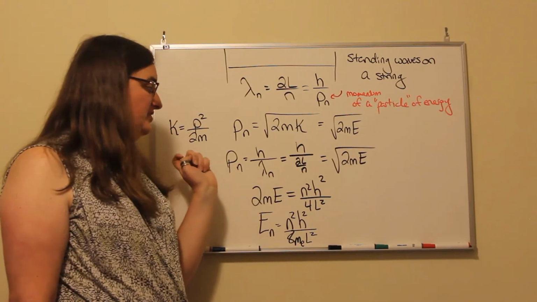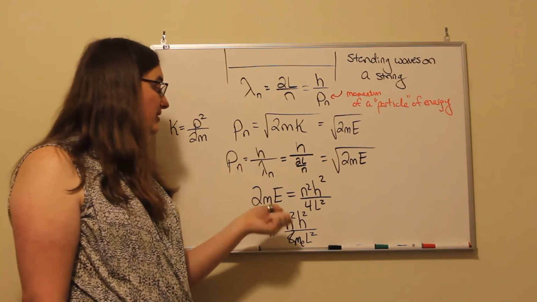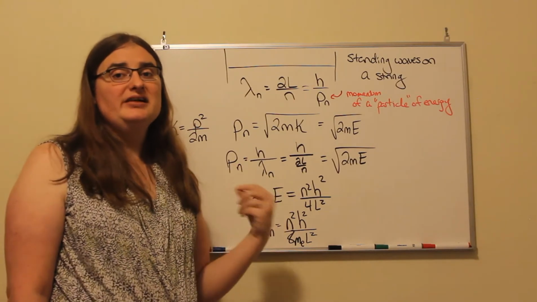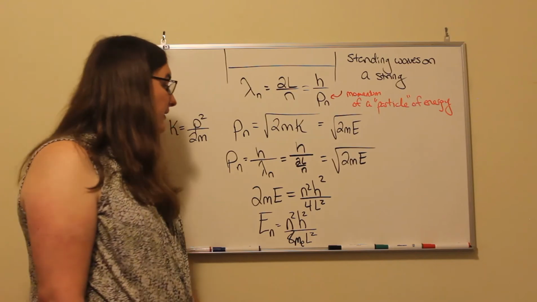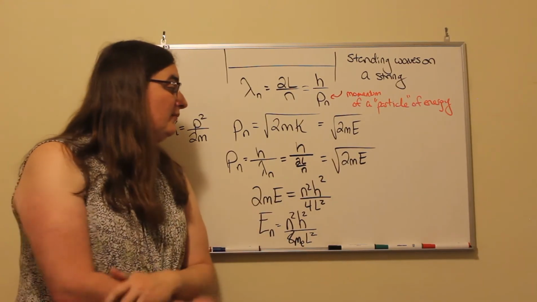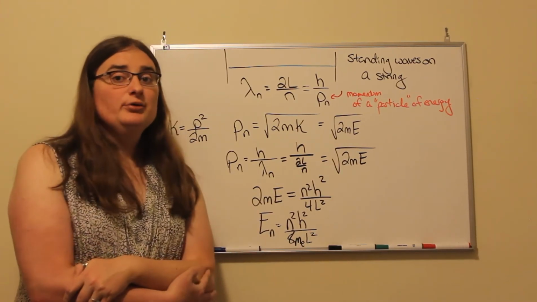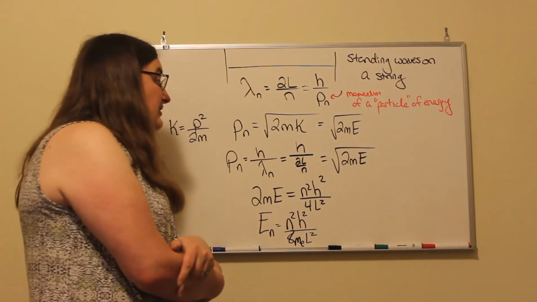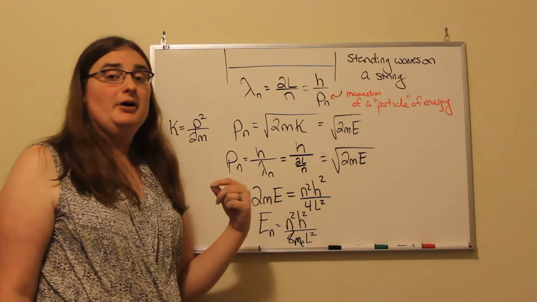So our momentum would be equal to h, our Planck constant, divided by the length of the wave that we're dealing with. And that momentum is going to be the square root of 2 times the mass of our particle times the energy of our particle.